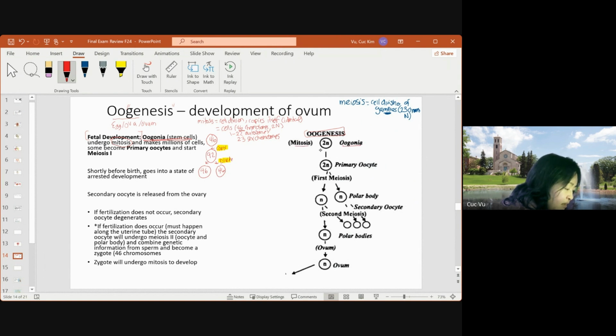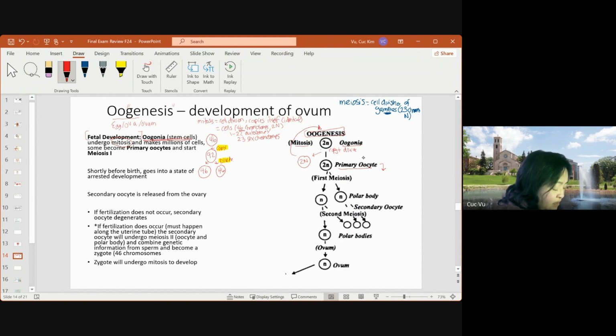So technically, it should copy and divide, which means it's going to result in this. Okay, so when it copies and divides, it produces two cells that are 2N. One becomes the primary oocyte and will continue onward in this path. The other one stays there and repeats this process.